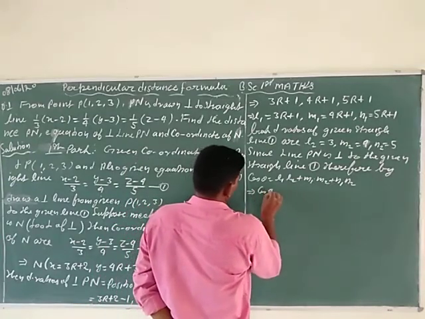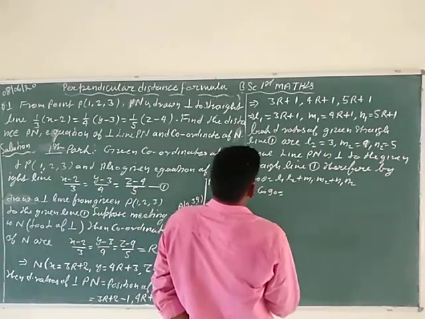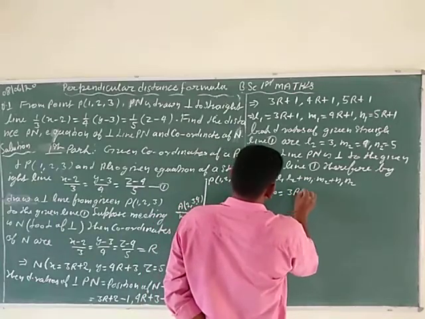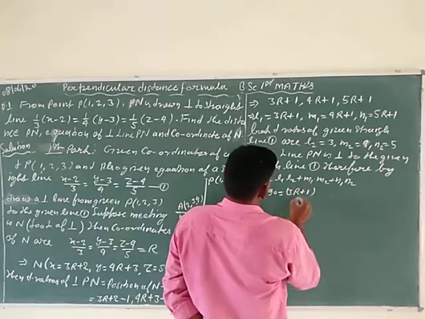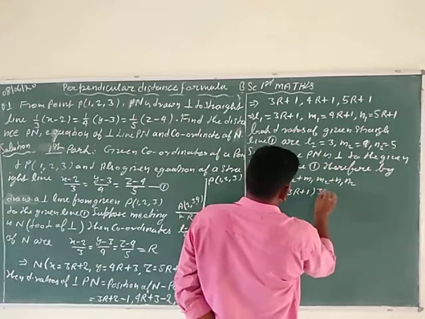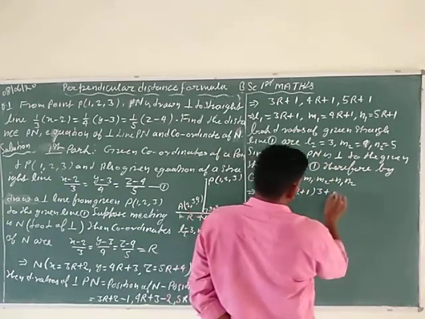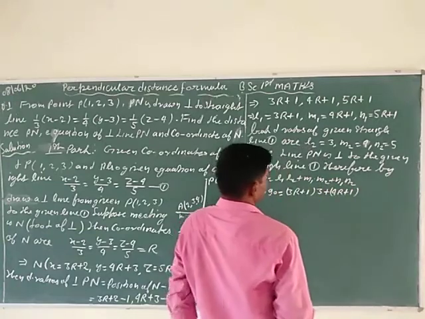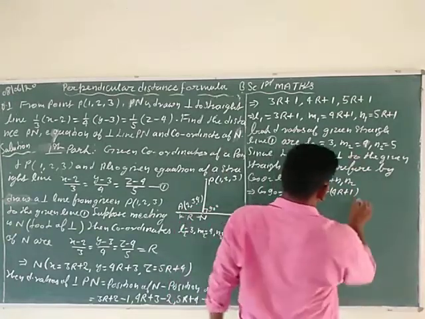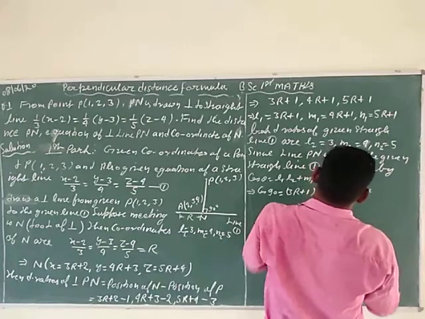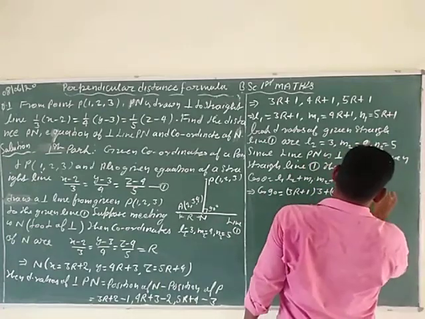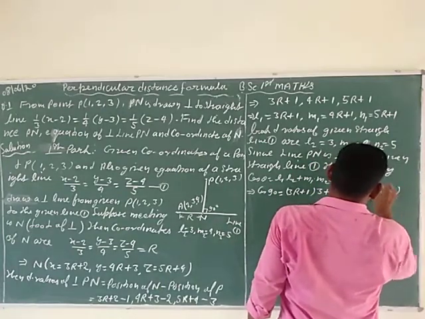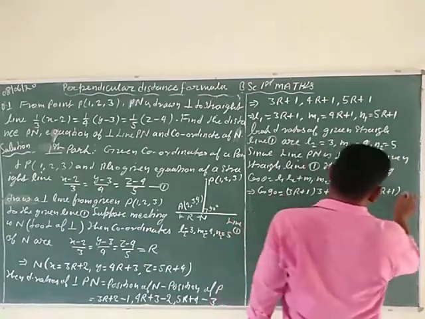Cos 90 is equal to: L1 is equal to 3R plus 1 and L2 is equal to 3, plus M1 is equal to 4R plus 1 and M2 is equal to 4, plus at last N1 is equal to 5R plus 1 and N2 is equal to 5.